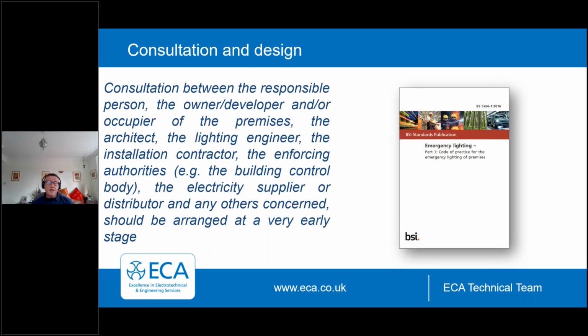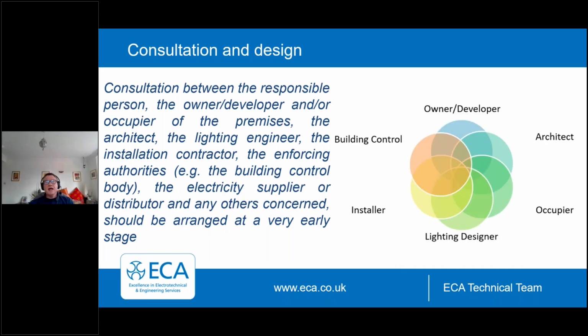And the point is that it's a strong recommendation that at a very early stage, we get every stakeholder, everybody who's likely to have an input into this design, involved at the start, so that it looks something like this. So you're going to have the building owner, of course, potentially an architect, the occupier, the lighting designer, installer, building control specifically too. That's a really good point. The building controller who's likely to be signing it off. If you've got any queries about the requirements, it's best to get them involved at an early date.